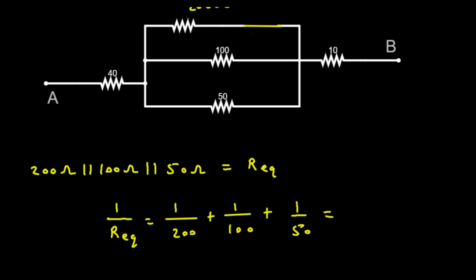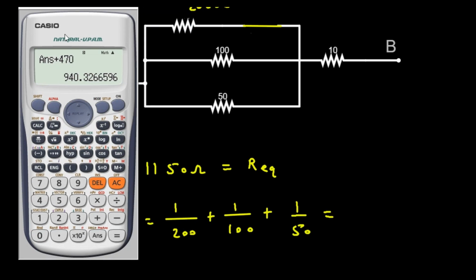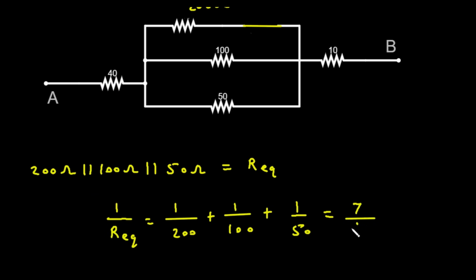So if we solve this in calculator, it will be 1 upon 200, then plus 1 upon 100, then plus 1 upon 50. So it is equal to 7 divided by 200.